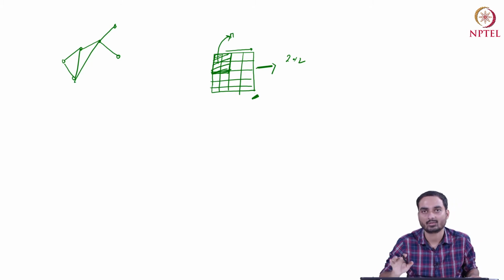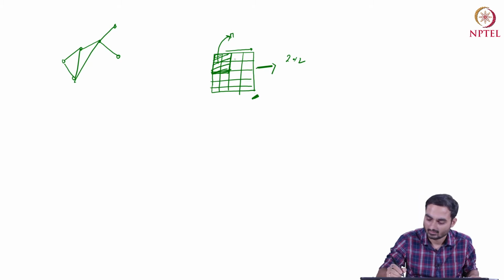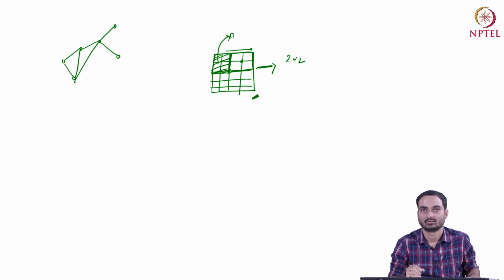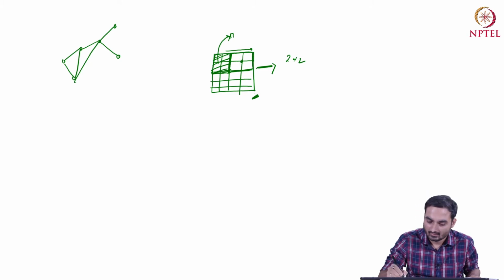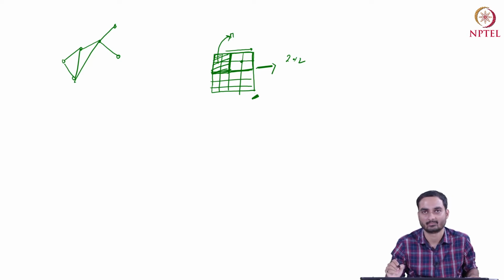Now, the good part about images is that the reference point is very clear. For example, when you think of this region, you know that the central point is this one. This is the center point, and with respect to the center point, you can think of a 2 cross 2 region, right.